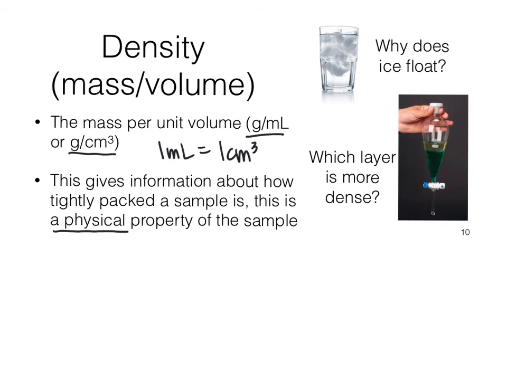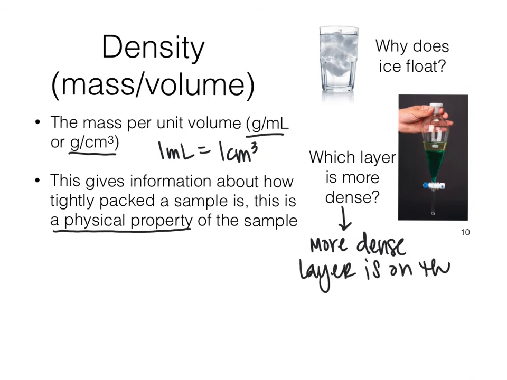This is a physical property, so we can use it to identify a sample. So the more dense layer is on the bottom, and the lighter layer is on top.